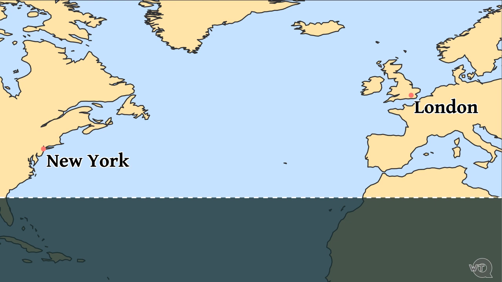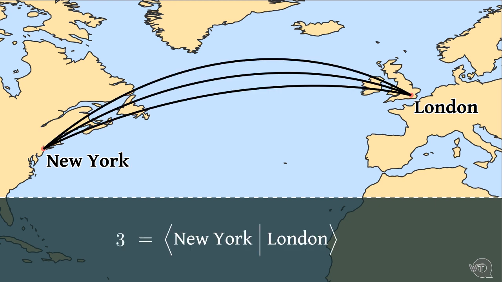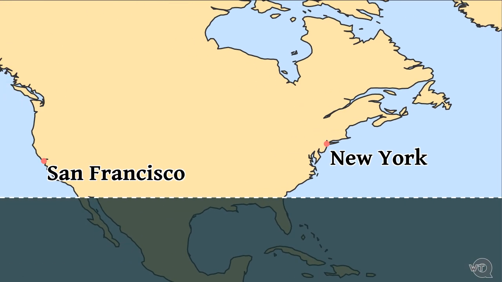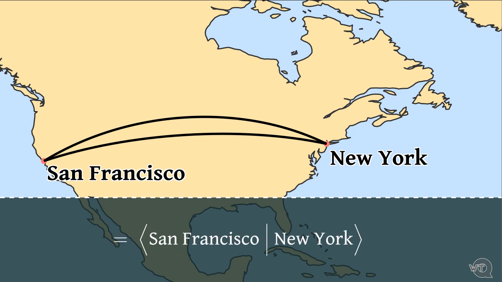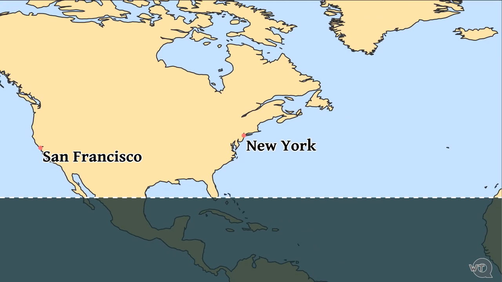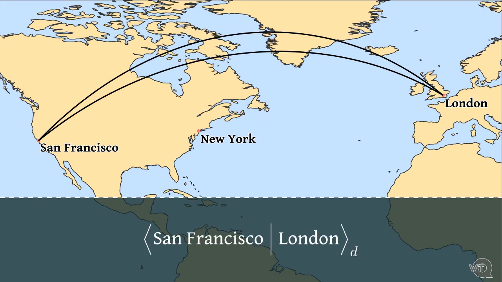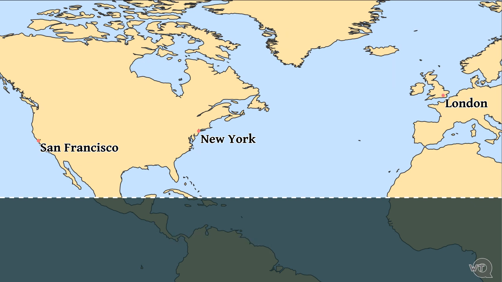From London to New York, there are 3 paths. From New York to San Francisco, there are 2 paths. And then we added 2 more direct paths. I'm going to mark this with a little d down here for direct. We found the total paths from London to San Francisco is 8.